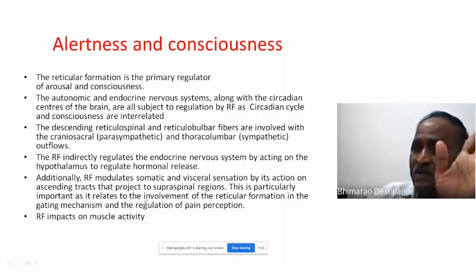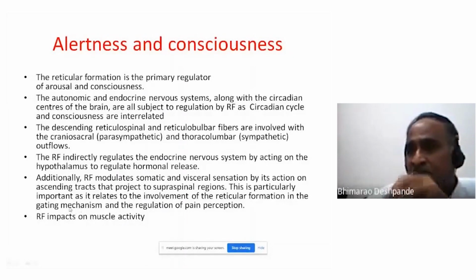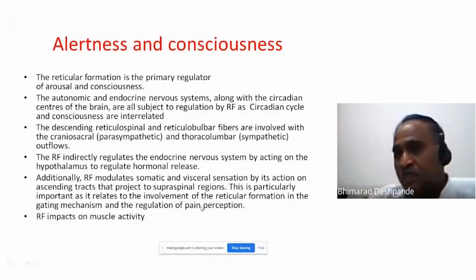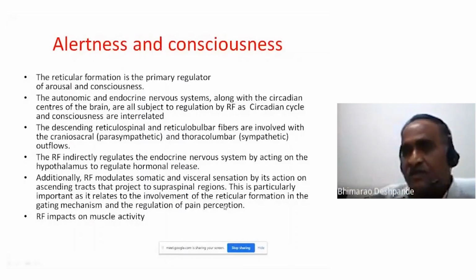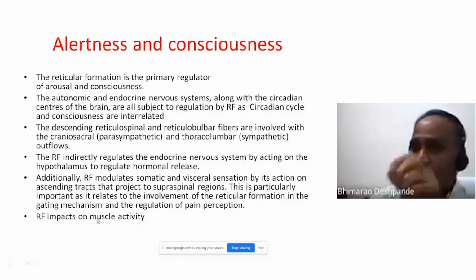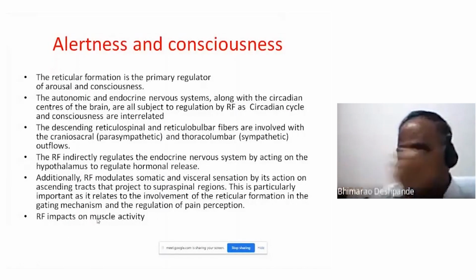This is particularly important as it relates to the involvement of the reticular formation in pain suppression, the gating mechanisms, the Melzack-Wall gate control theory we were talking about, which would suppress pain. So the reticular formation also impacts muscle activity. I have listed some of those functions of the reticular formation.